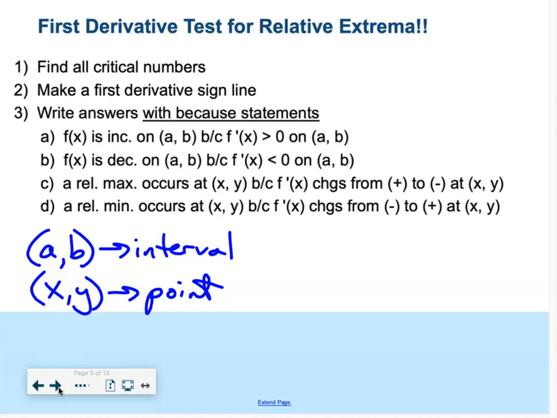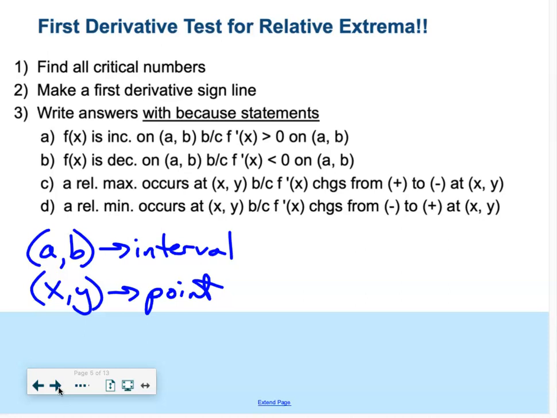Okay. What is the worst word that you can say in this class, Casper? "It." Do not ever use a pronoun when you are writing these "because" statements, or you will not get credit.